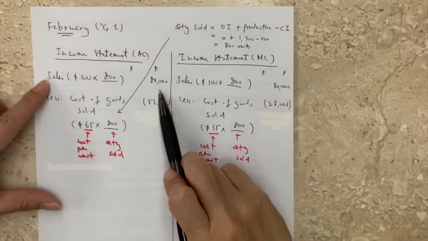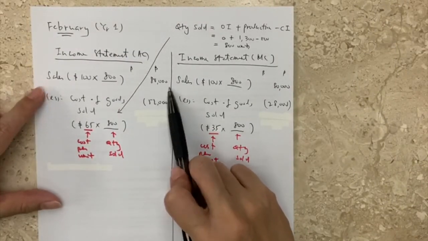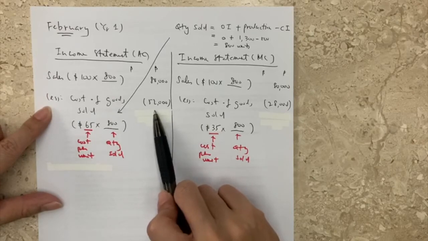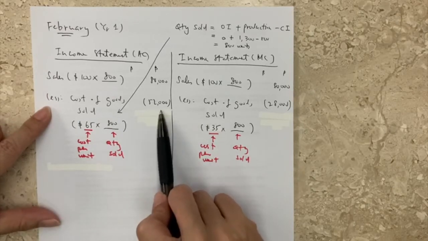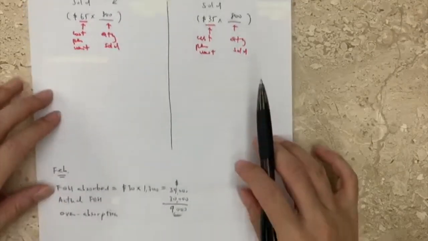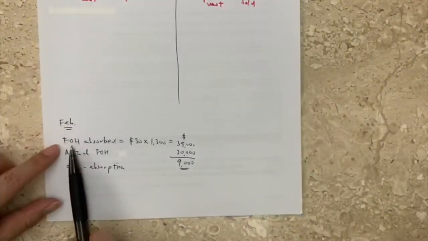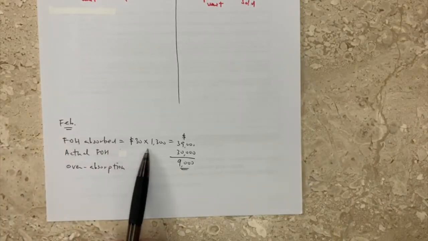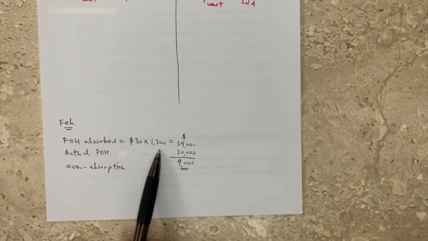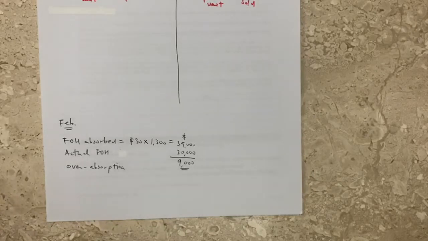Okay, so here we have sales under AC, which is 80,000, minus cost of goods sold under absorption costing, which is 52,000. However, this is not yet gross profit, because something very important, we need to look at the factory overhead absorbed, which is 30 times 1,300, which is units produced. Let me show you.